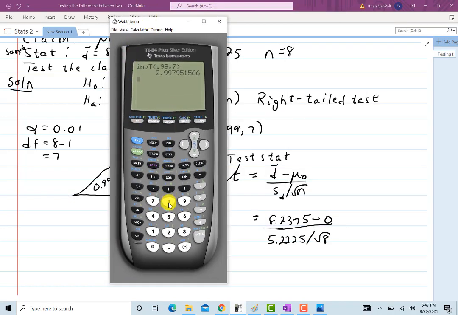Let's see, 8.2375 divided by, don't forget to put that stuff in the denominator in parentheses. Get out of the square root and the parentheses.